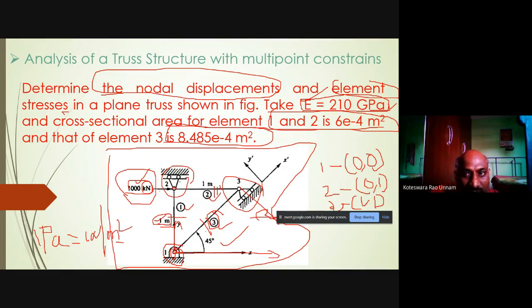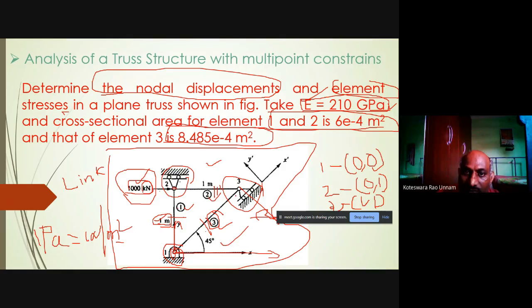I will define the Young's modulus and the areas. Then what is the element type I need to use here? From the diagram, it is clear that you need to create an element connecting two nodes only, node 1 and node 2, or node 2 and node 3, or node 1 and node 3. So you need to select an element which consists of only two nodes. In our software, the link element will connect these two nodes.